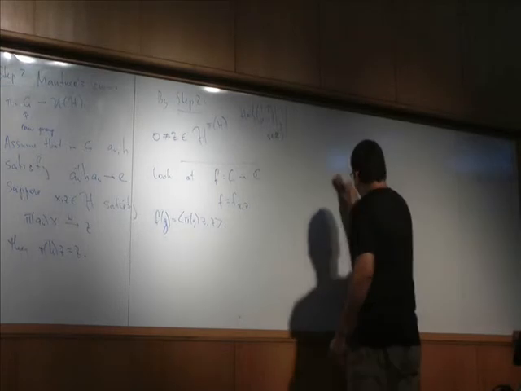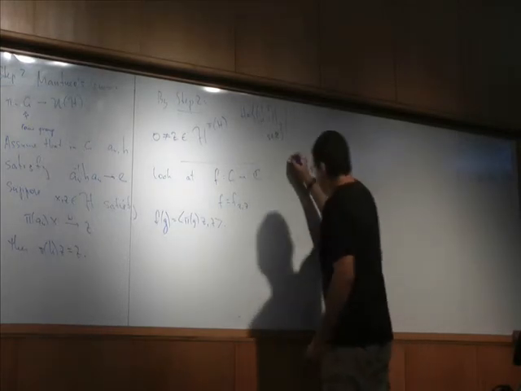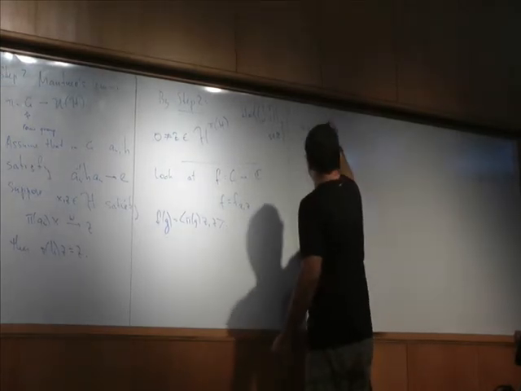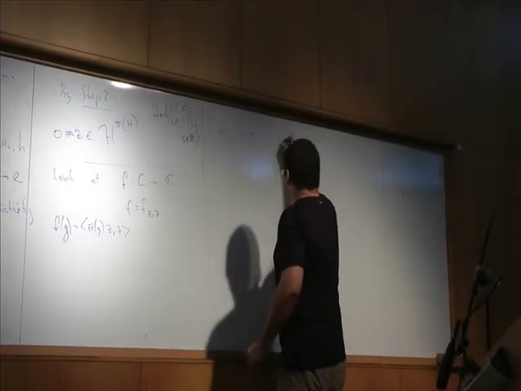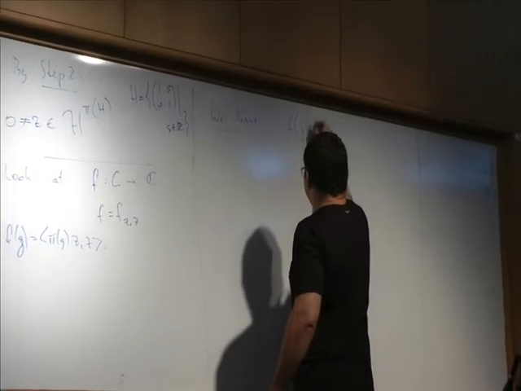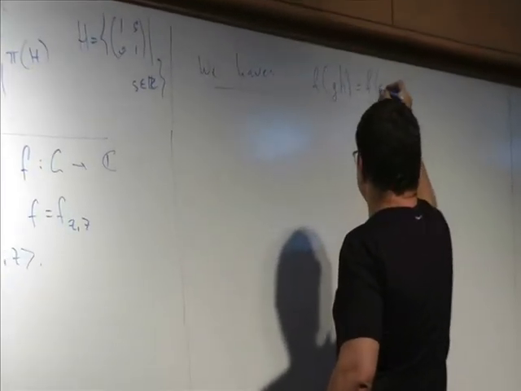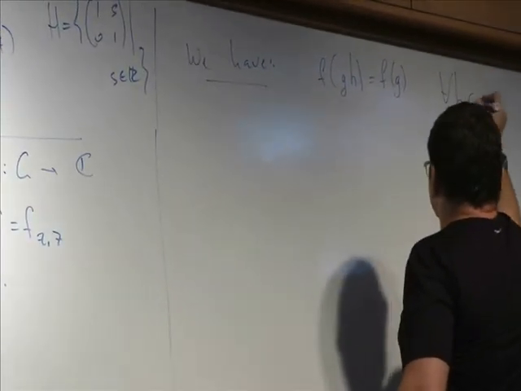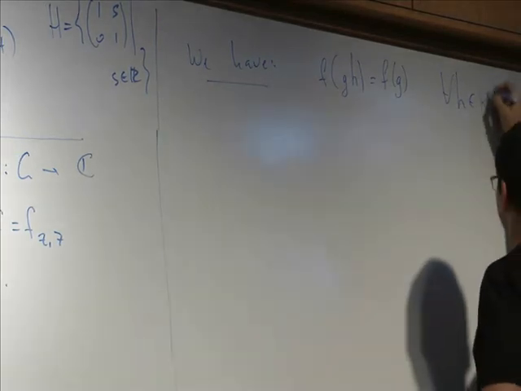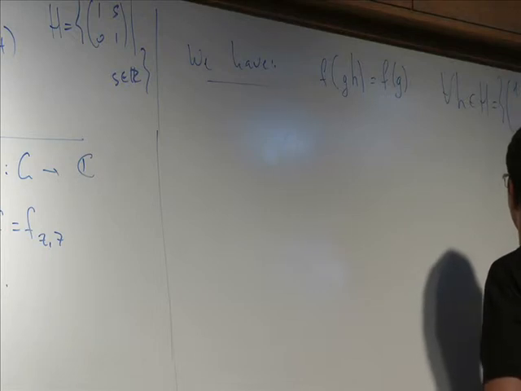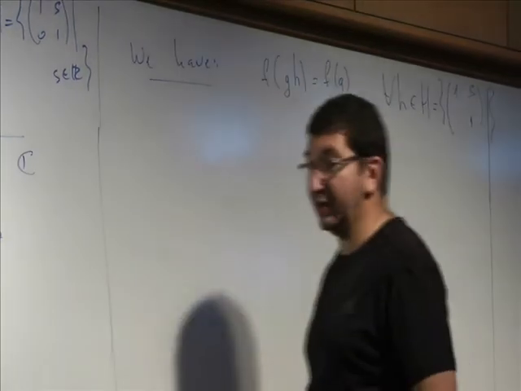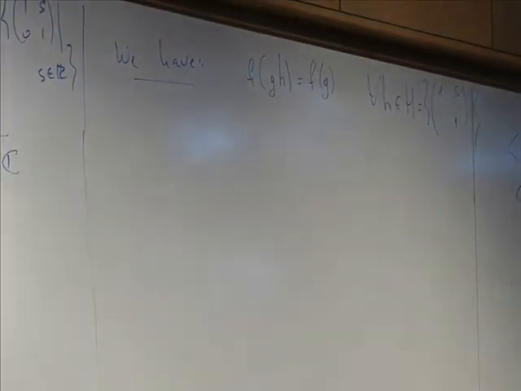What do we have? Well, one thing is that f of gh equals f of g for every h of that form, because z is fixed by h.